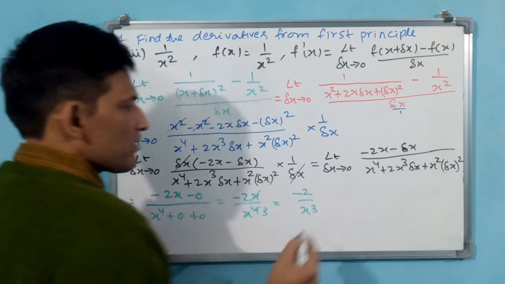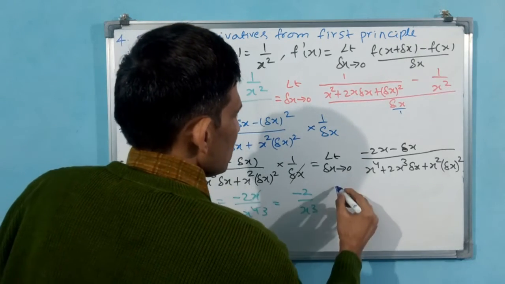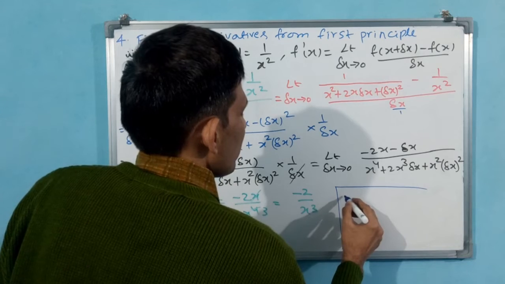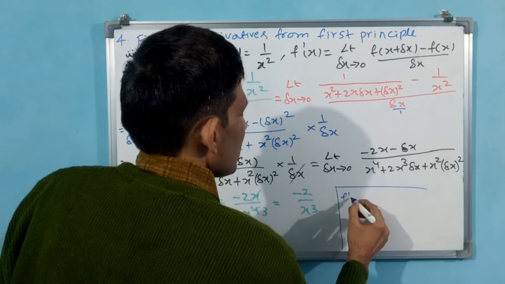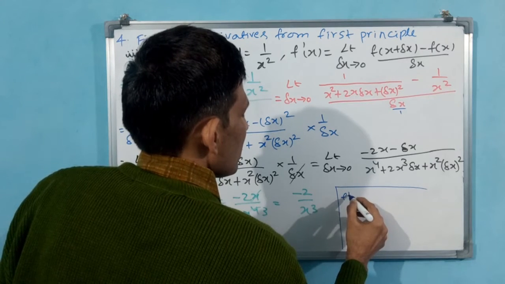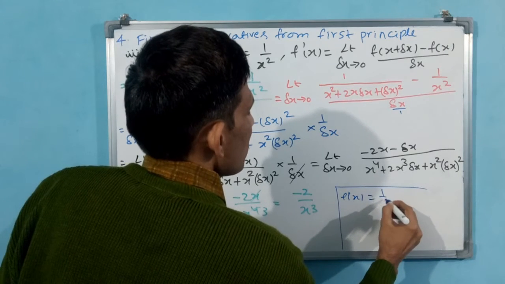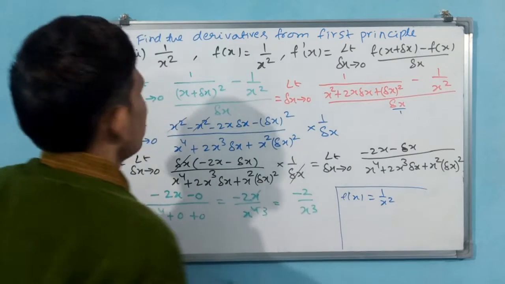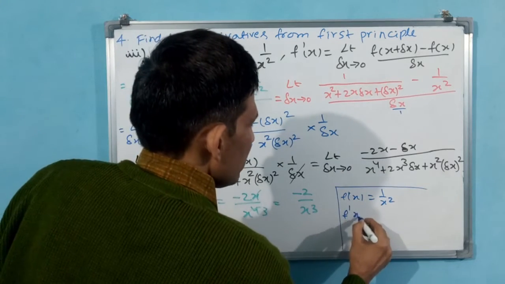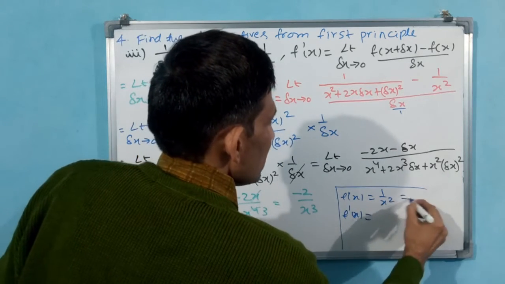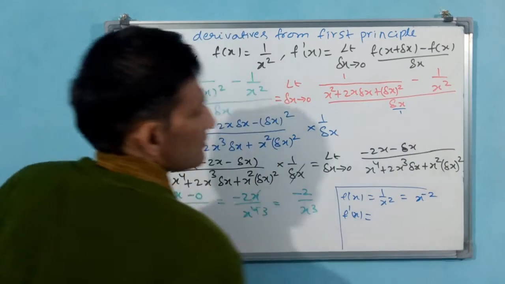Directly, if you do the x power n process, what will come? F of x is equal to 1 by x square. F dash x, this you can take as x power minus 2.